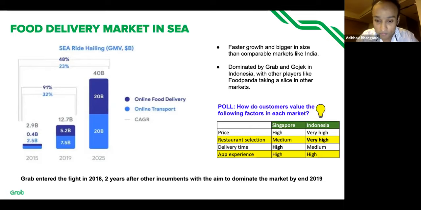So that's true. I think a lot of people in this call are, so look, price in e-commerce is always number one, right? And that's something that's been a big factor in all these markets. What we found out was that for some markets of ours, like Indonesia and Vietnam, selection was way more important than any other factor.